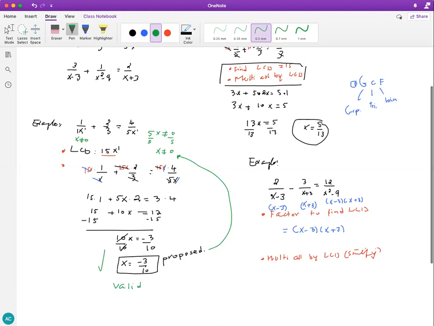For this denominator, if you want to avoid having 0 in the denominator, what value of x shouldn't you use? We have 2 over x minus 3. Again, we can't divide by 0, so x cannot be 3 because 3 minus 3 is 0.